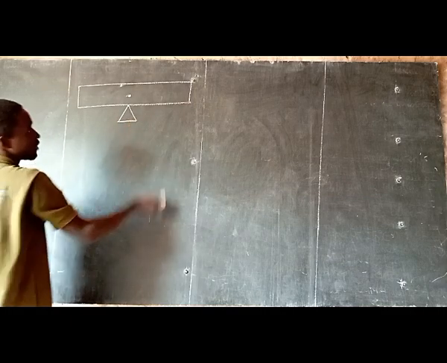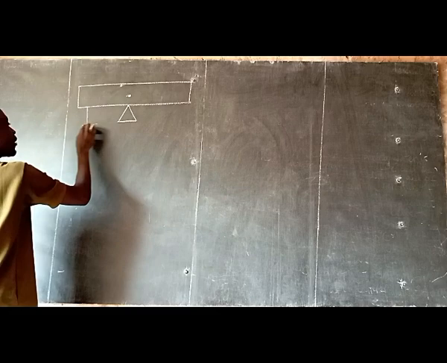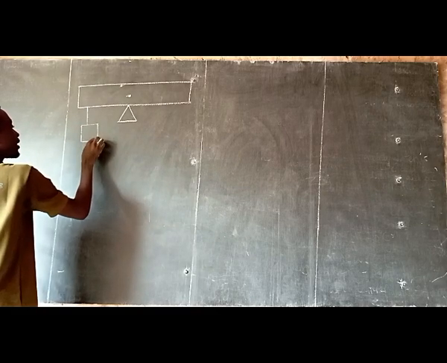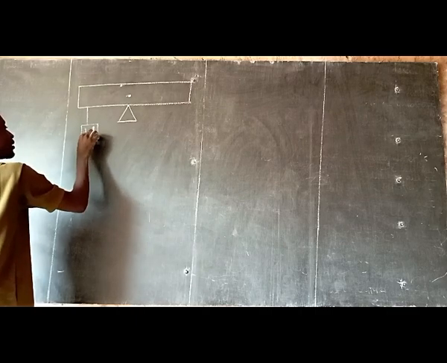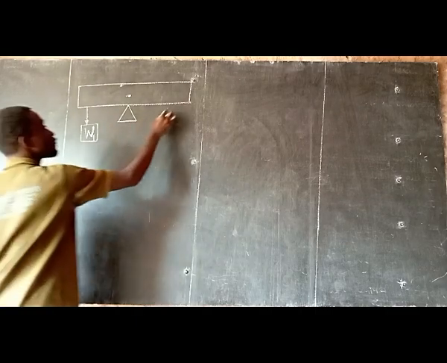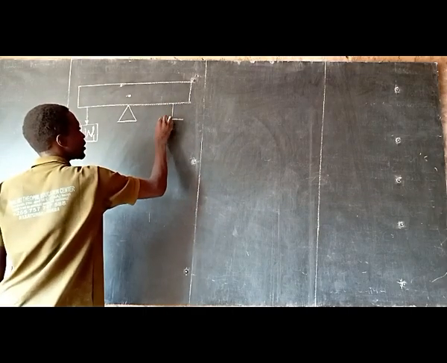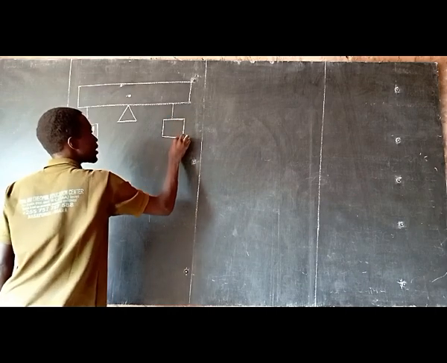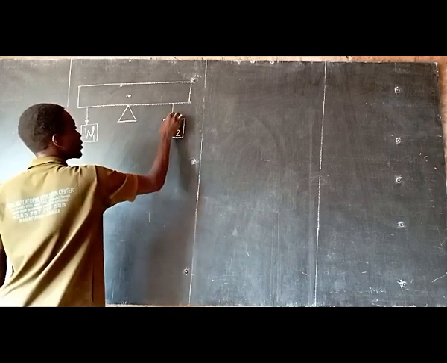Now if this is a pivot, just say we have weight 1 here, let us say W1. Also we have weight 2 at this part, just to say W2.